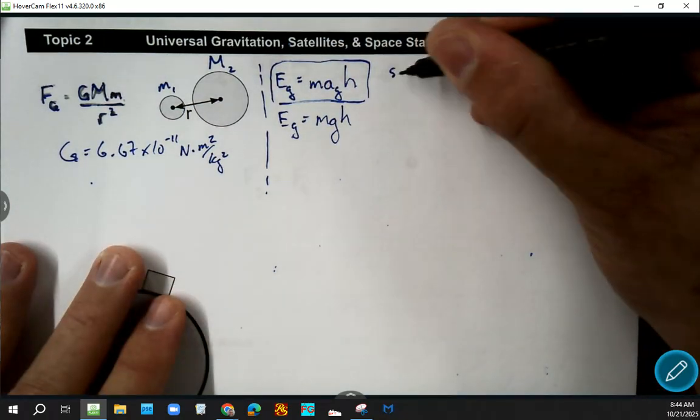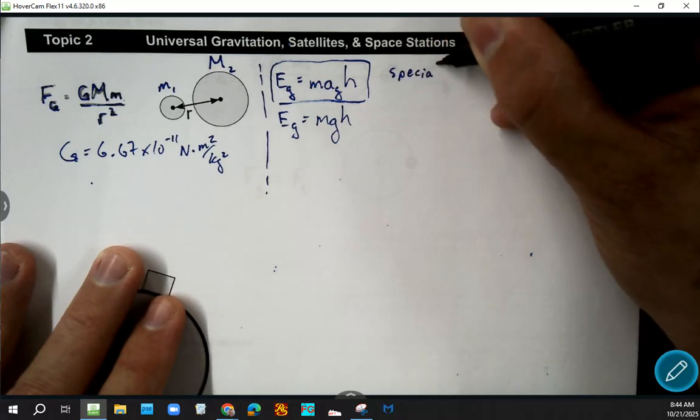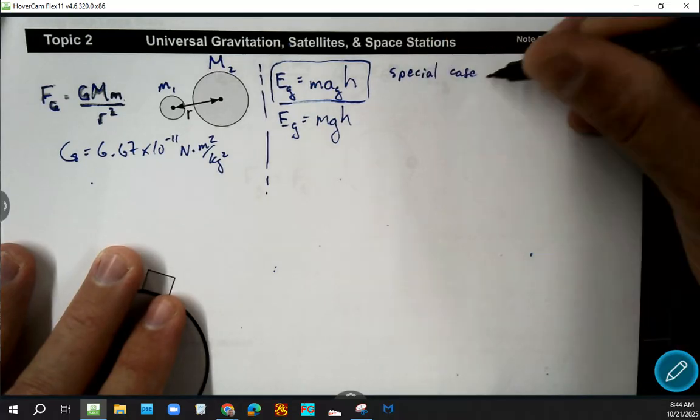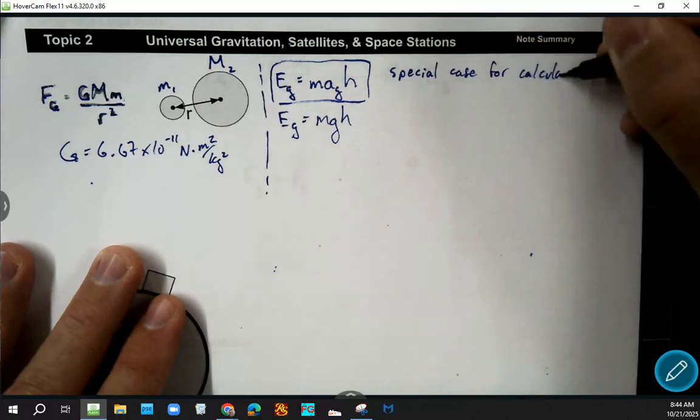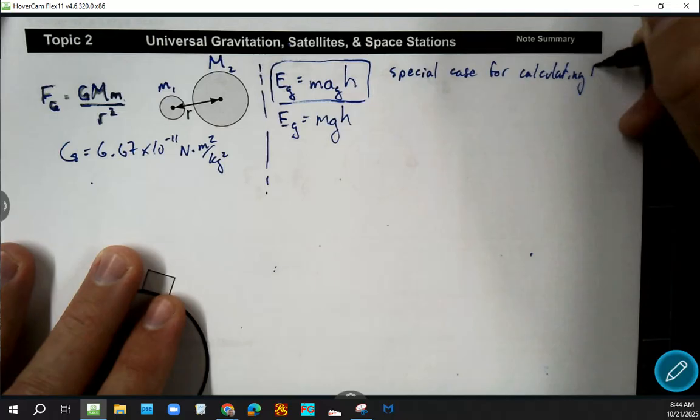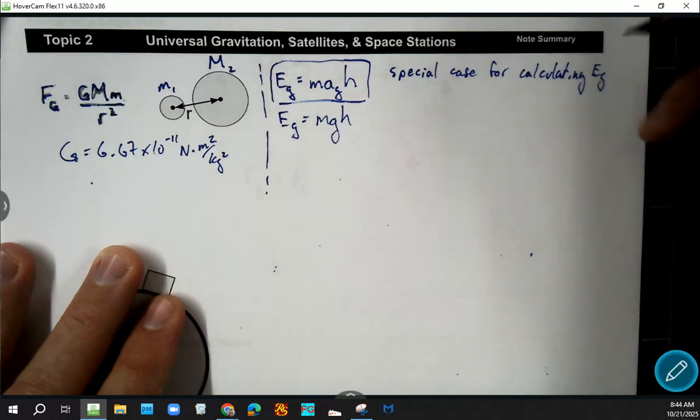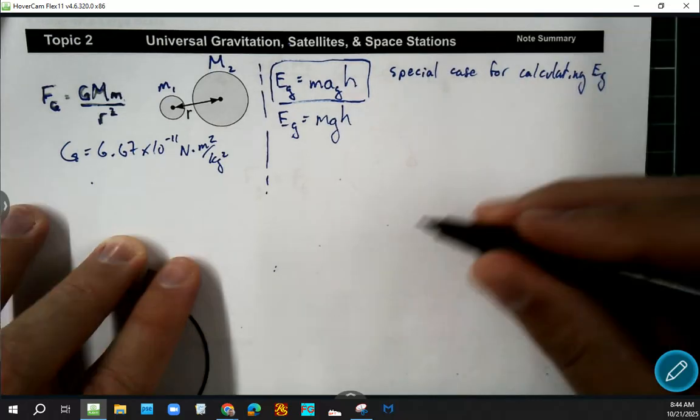And what we could say is that that's really just a special case for calculating E_g when we're near Earth's surface.